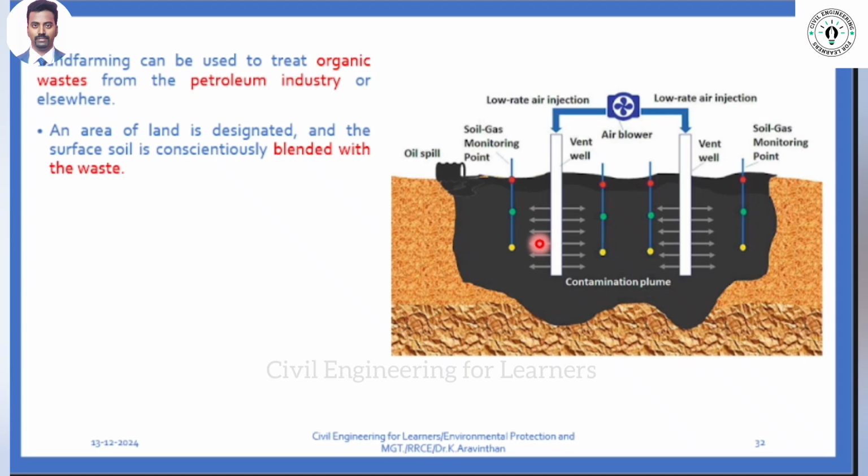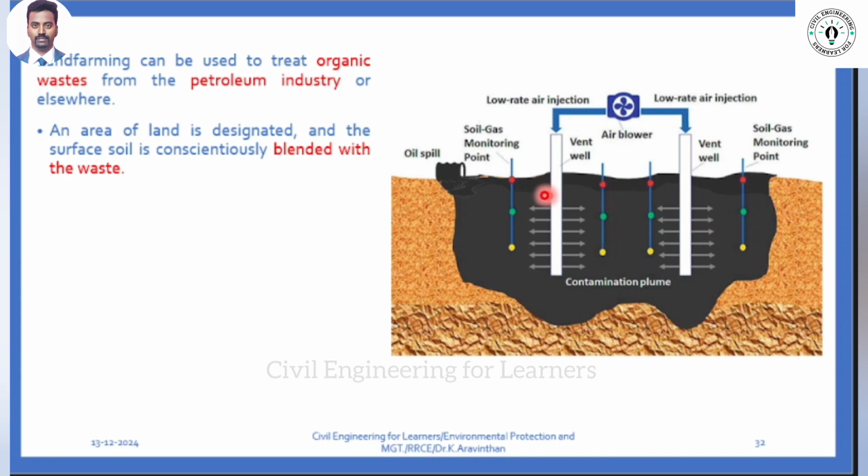When oxygen goes into the soil, it passes through all the areas. Wherever you have oxygen, bacteria will come. Aerobic bacteria, have you heard of this? There are two types of bacteria, aerobic and anaerobic. Aerobic bacteria live in places with oxygen. If the bacteria is in a non-oxygenated place, it is called anaerobic.